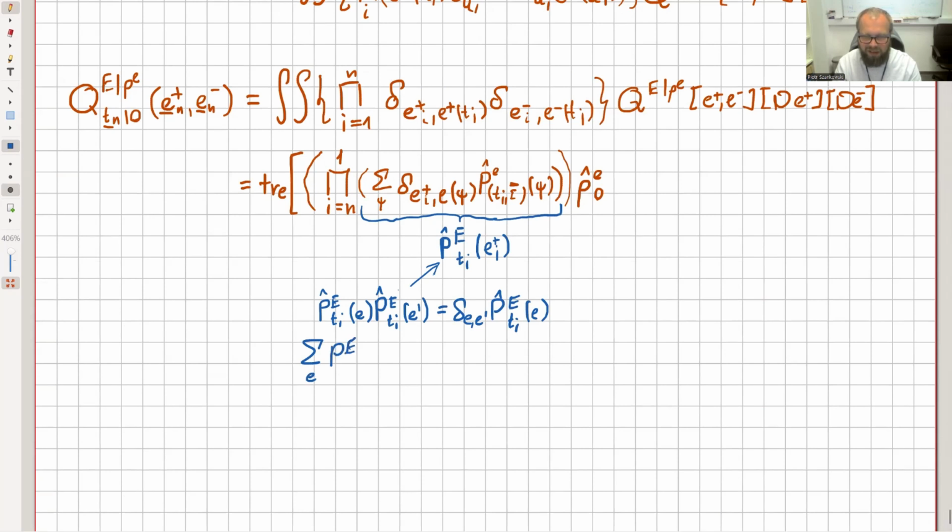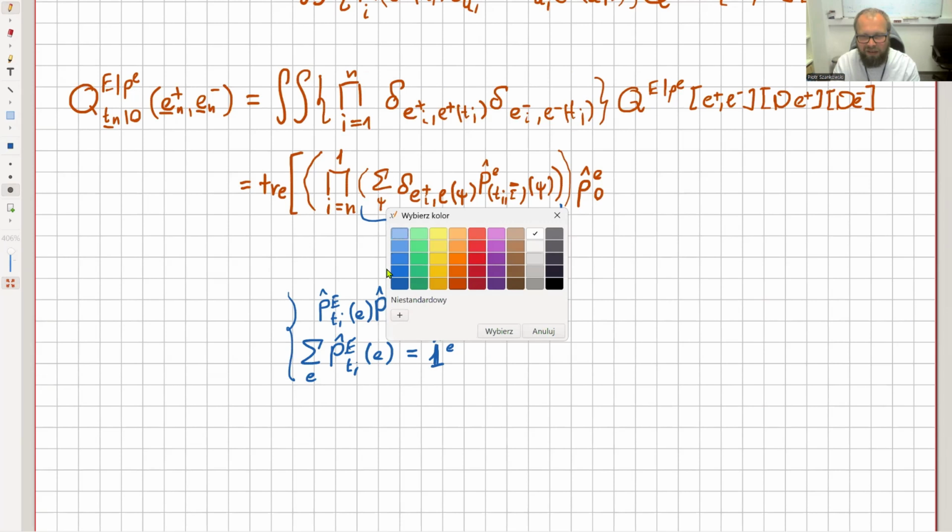So you take all of them. This is a complete set of orthogonal projectors, but if observable E is degenerate, they are not necessarily rank 1 projectors. So operator 1 in the environment subspace.